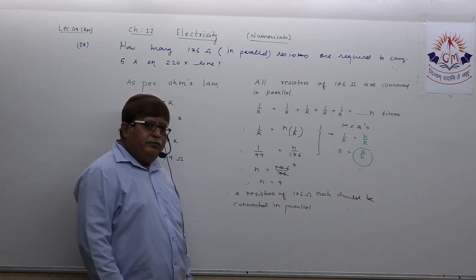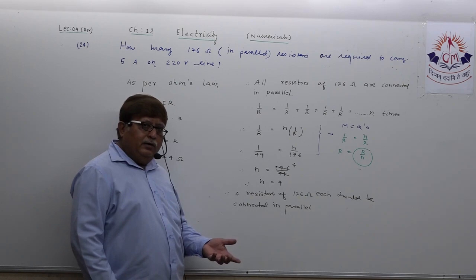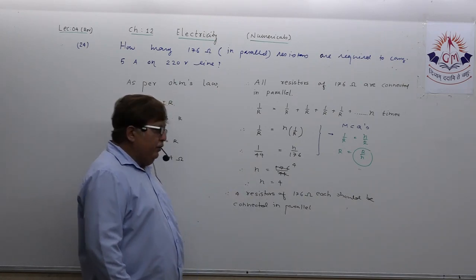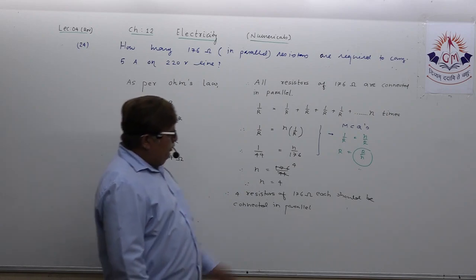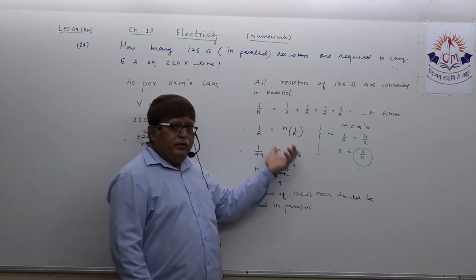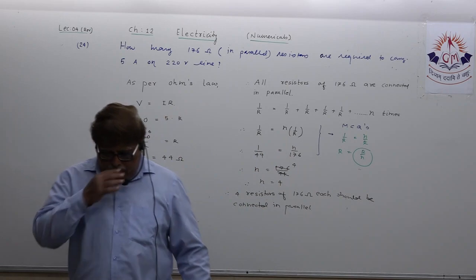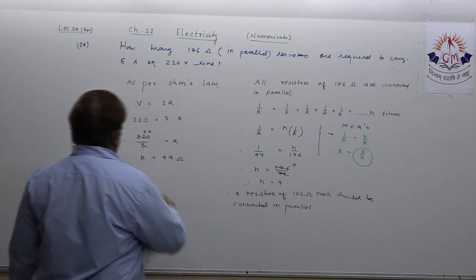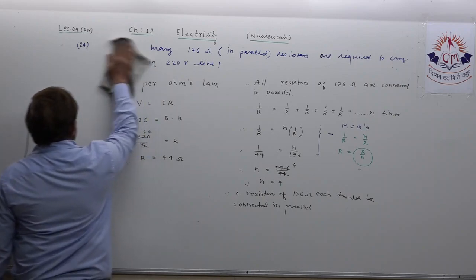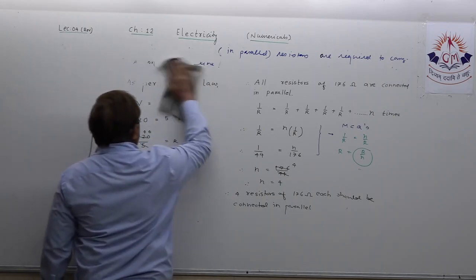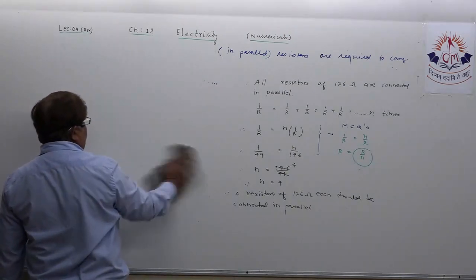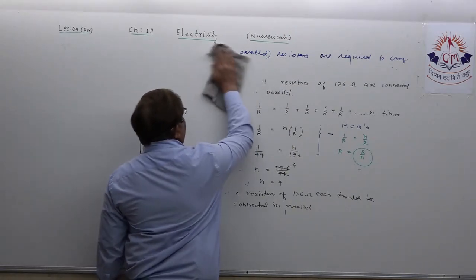In series it is nR, in parallel R upon n. This way you need to remember. Such MCQs they can design and ask you. Okay. So this numerical, dear student, now let us take one more. I want to take only a few numericals and the rest you will do by yourself.